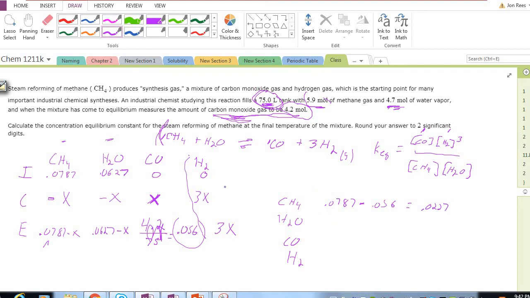For the H2O, the starting concentration is 0.0627 minus 0.056, which equals 0.0067. The CO we already know is 0.056, and H2 is going to be 3 times 0.056, which equals 0.168.